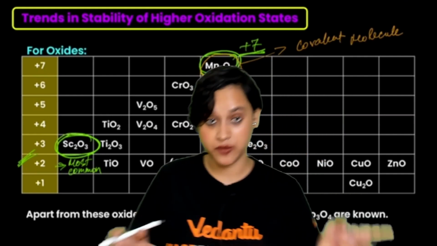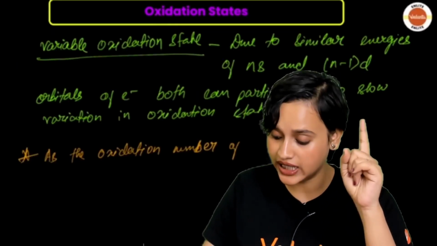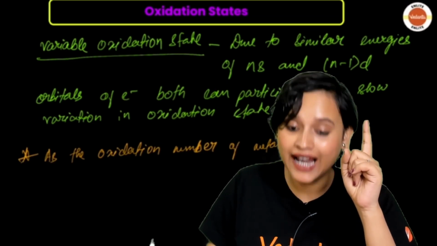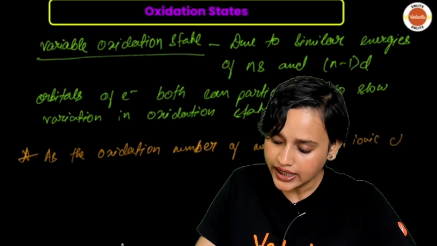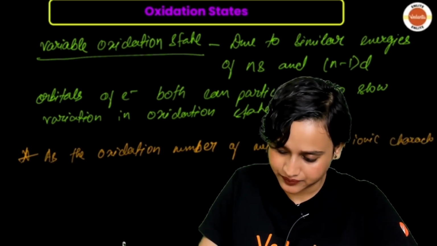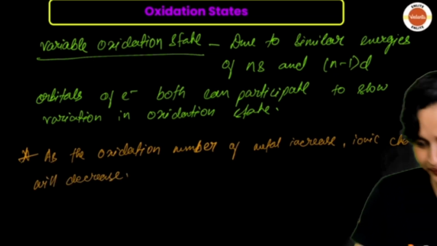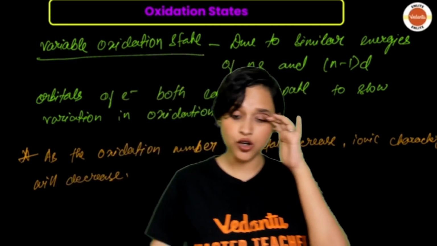I left this when I was teaching you higher oxidation state. So as the oxidation number of metal increases, ionic character will decrease. Okay?